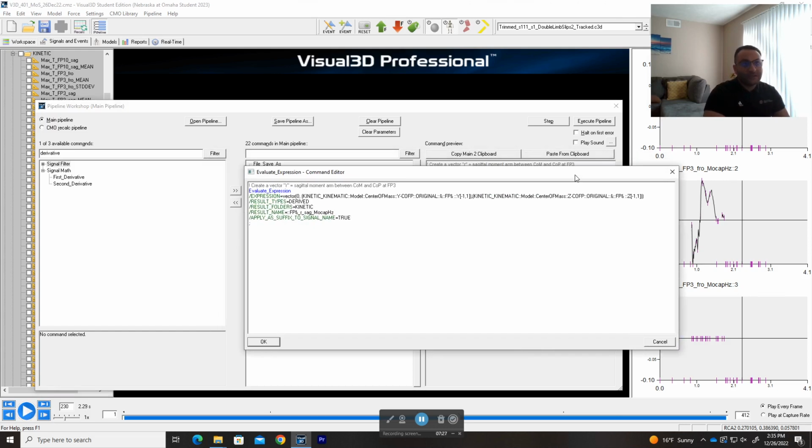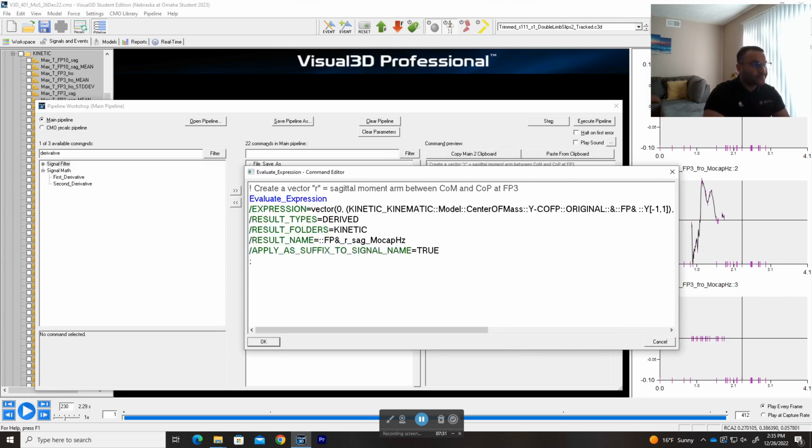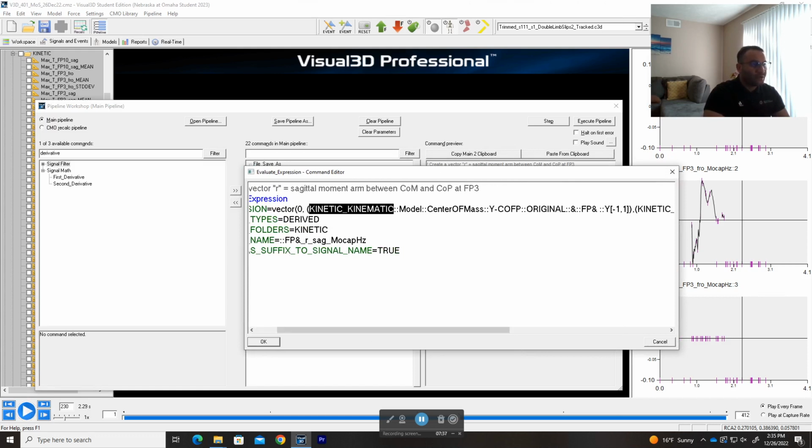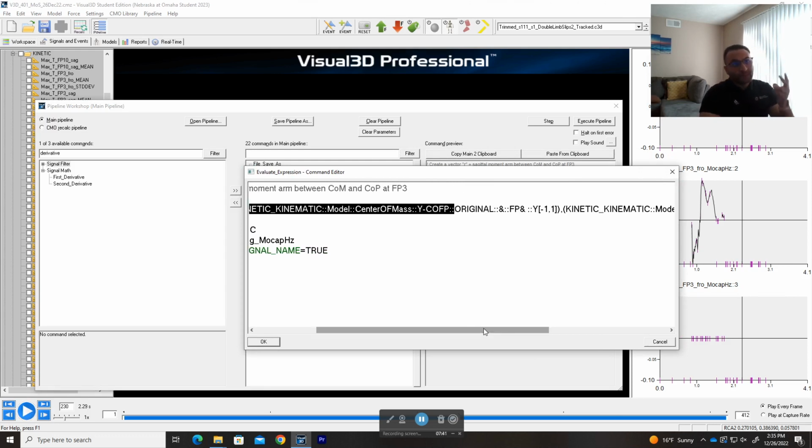So when you run a for loop, like I mentioned in one of the previous videos, you see vector on, then open brackets, the x value I gave it a 0, and then the y value I did this. But when you replace the force plates with the name that we gave it, you have to give it the add sign. So we start with force plate, center force pressure.